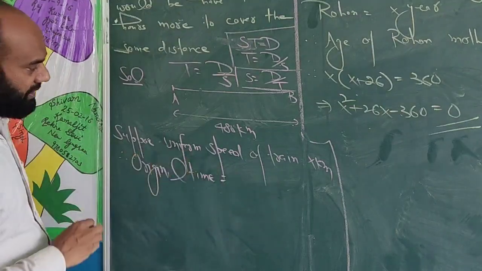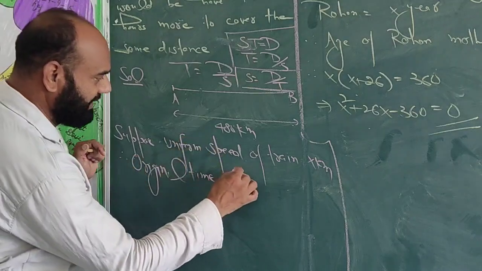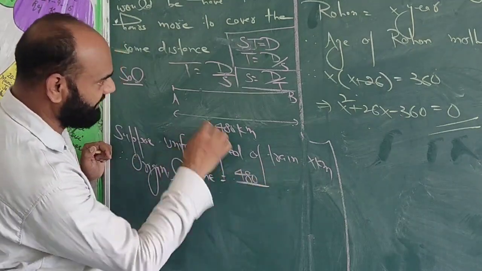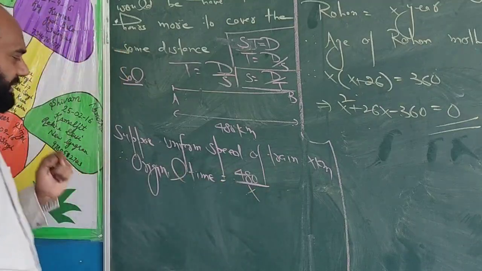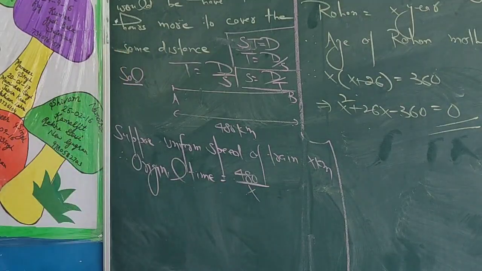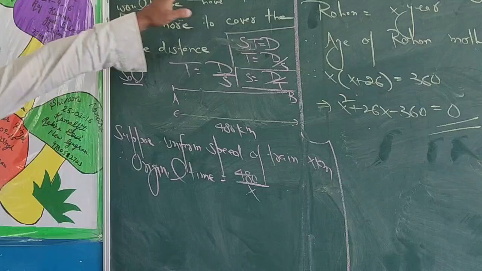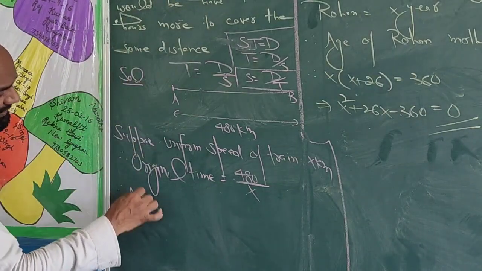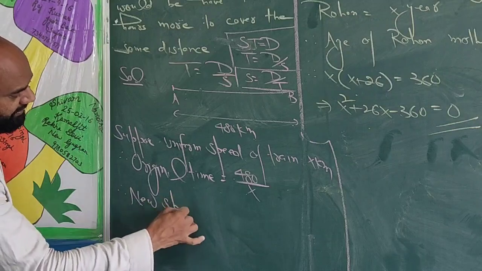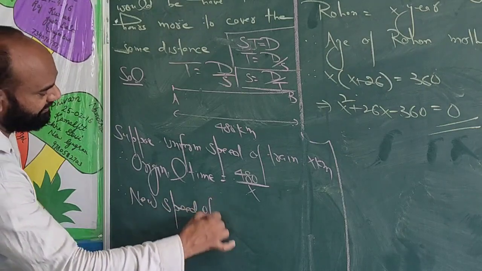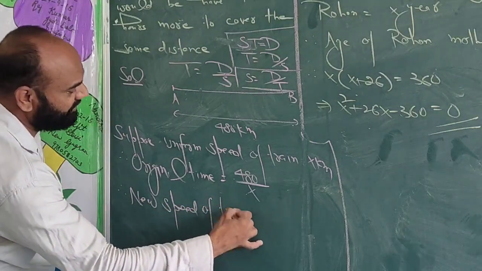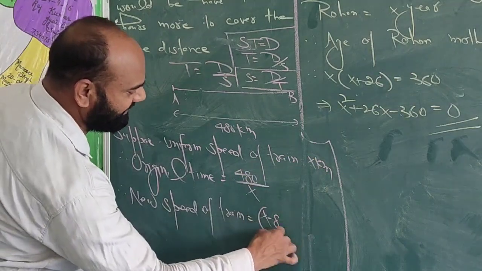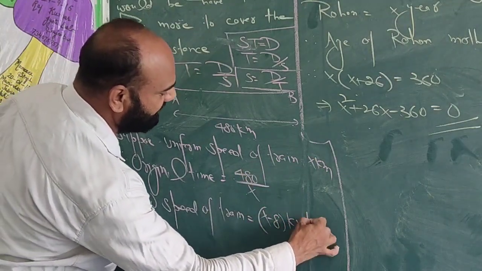Because the formula of time is distance upon speed, and distance is 480 upon the speed, which is x kilometers per hour. When we decrease the speed by 8 km per hour, therefore the new speed of the train, because the uniform speed is x, is x minus 8 km per hour.